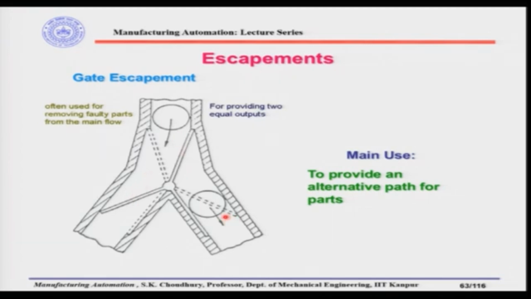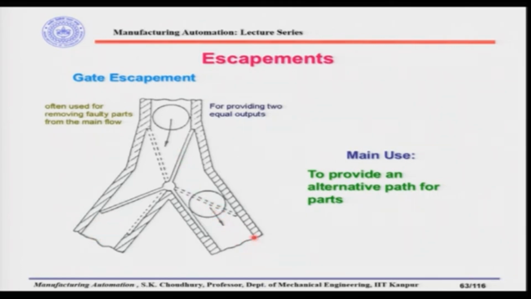All right. Now, the main use of this is to provide an alternative path for parts, in the sense that let us say at the output of this and this passage, these are going to two different assembly machines, and two parts are needed, maybe similar parts. So, once one is fed from here, other parts will come after that, followed by this.